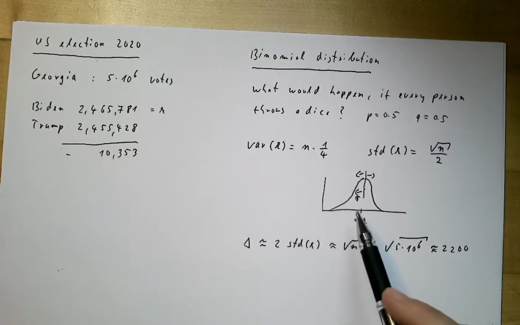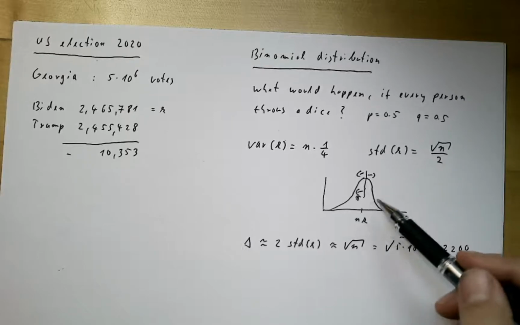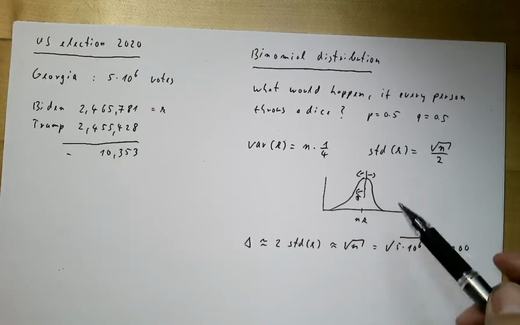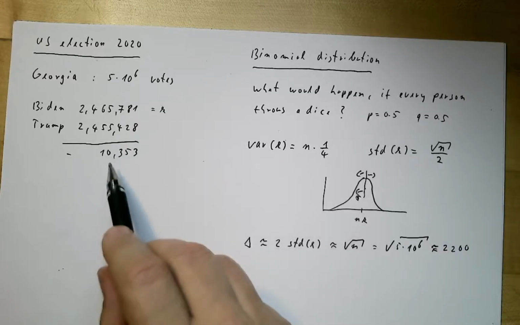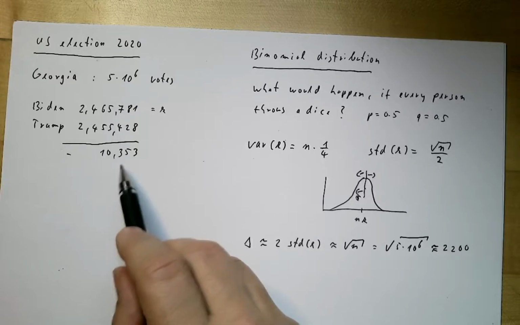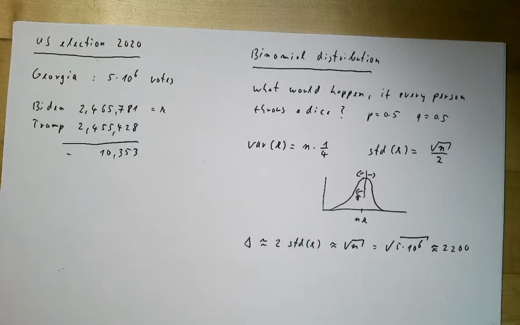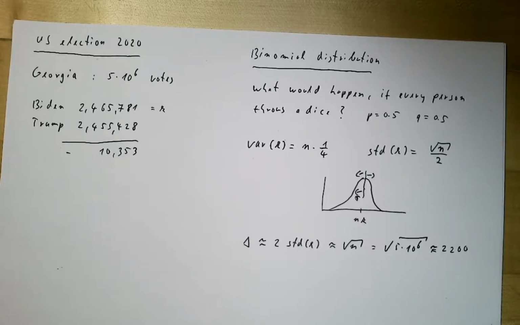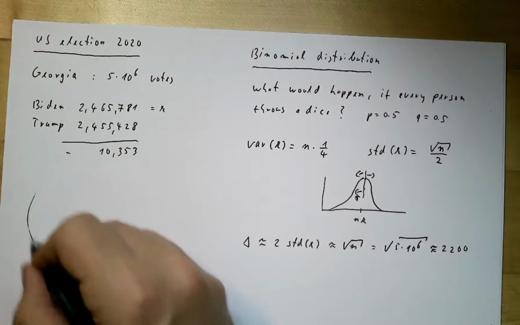Of course, we know that people don't throw dice, and that's even more astonishing for me, that we have such a close similarity to this, because every state is so heterogeneous. You know, in cities and countryside, we have very different proportions of the two parties. So that's even more striking in such a heterogeneous distribution.